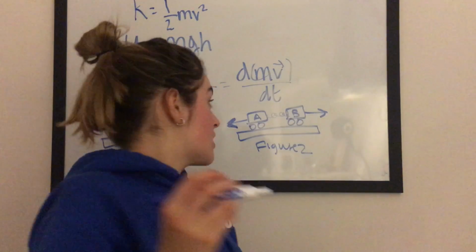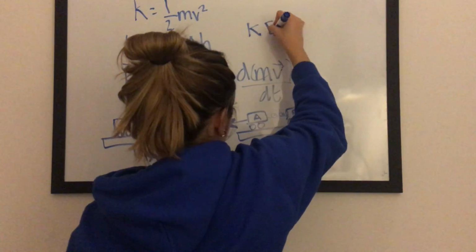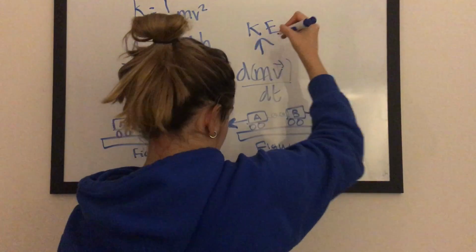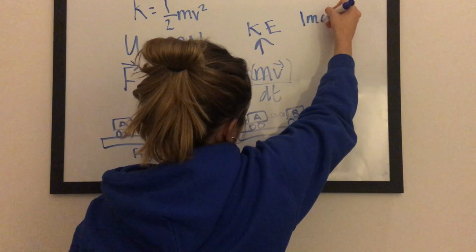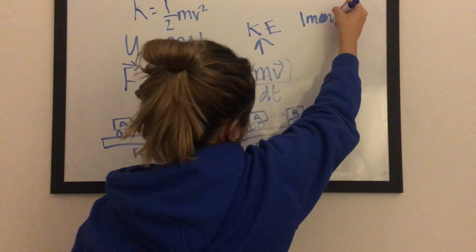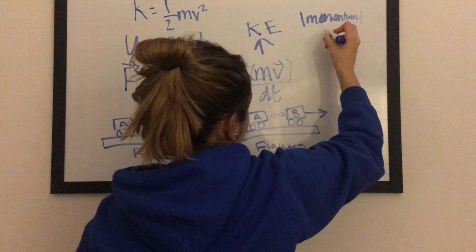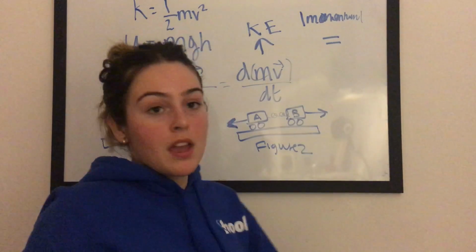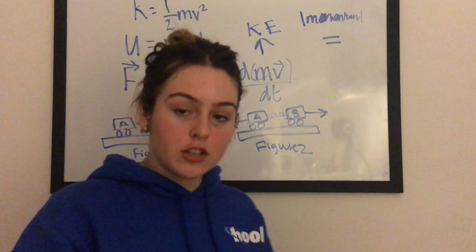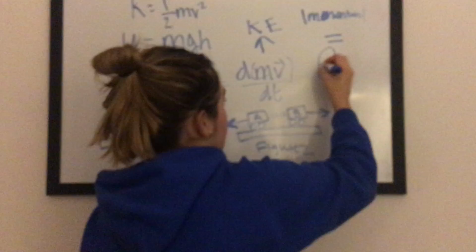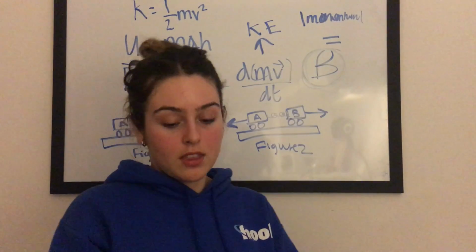So we're saying here that kinetic energy is going to increase, but the magnitude of momentum is going to stay the same. And when we look at our options, we see that option B corresponds to this answer.